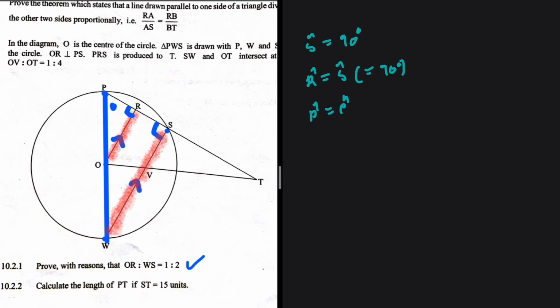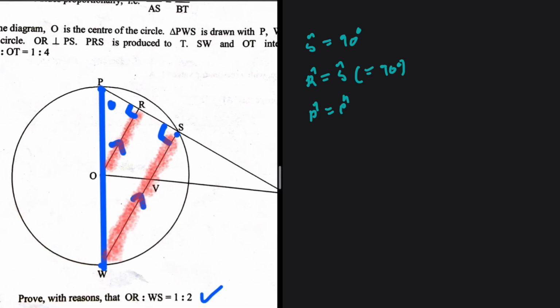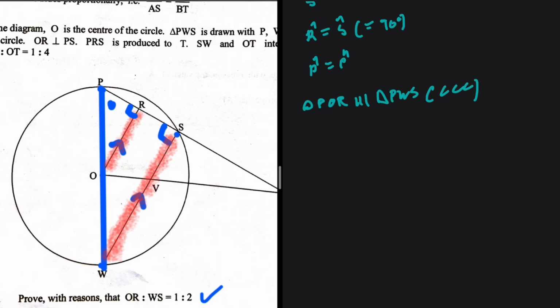So now we can say that triangle POR is similar to triangle PWS. Now that we've proved that the two triangles are similar, we can play around with proportions.